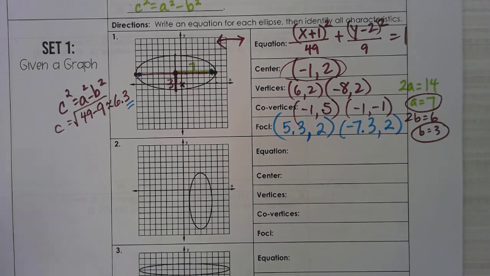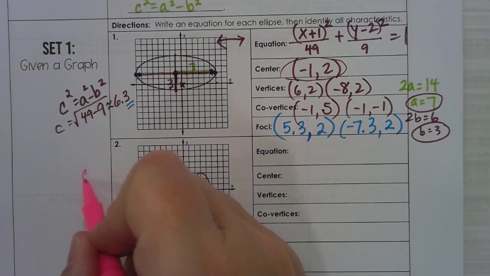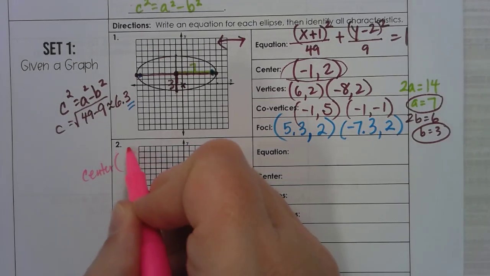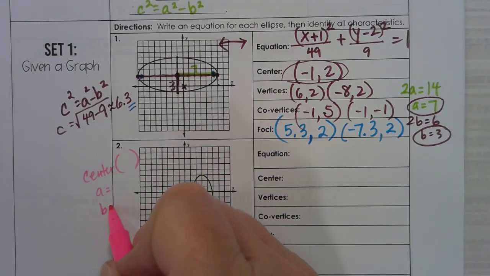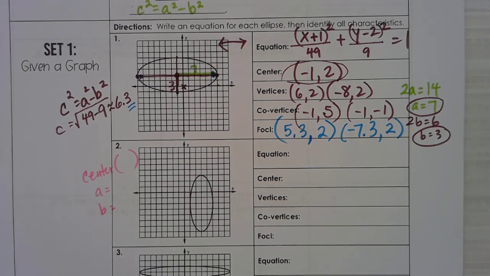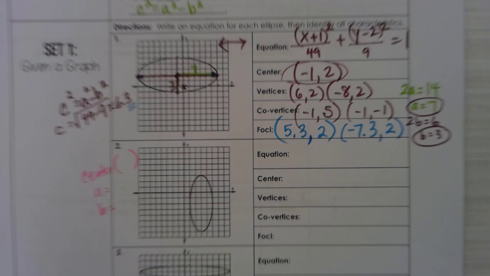All right, so what I'd like to do on number 2 is just write the equation, just from the graph. All I need to write down is we need the center, we need A, and we need B. And then from that, we can write the equation.